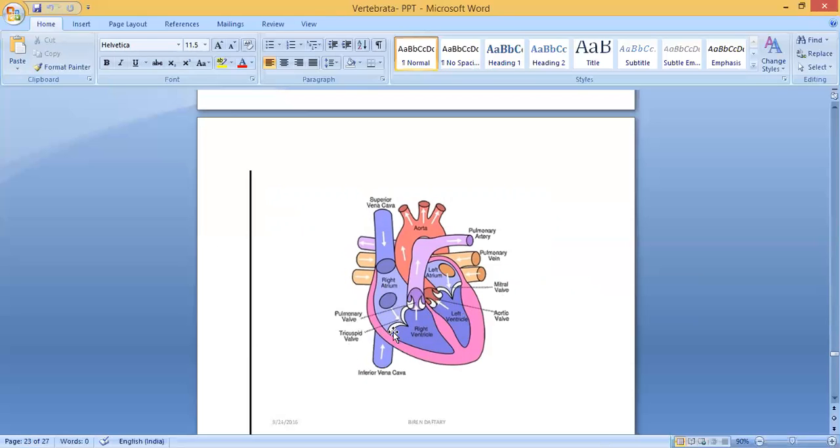Tricuspid valve, tri means 3. Here you can see the bicuspid valve, or mitral valve, pulmonary vein, pulmonary artery, superior vena cava, aorta, aortic valve. All these parts you studied last year.